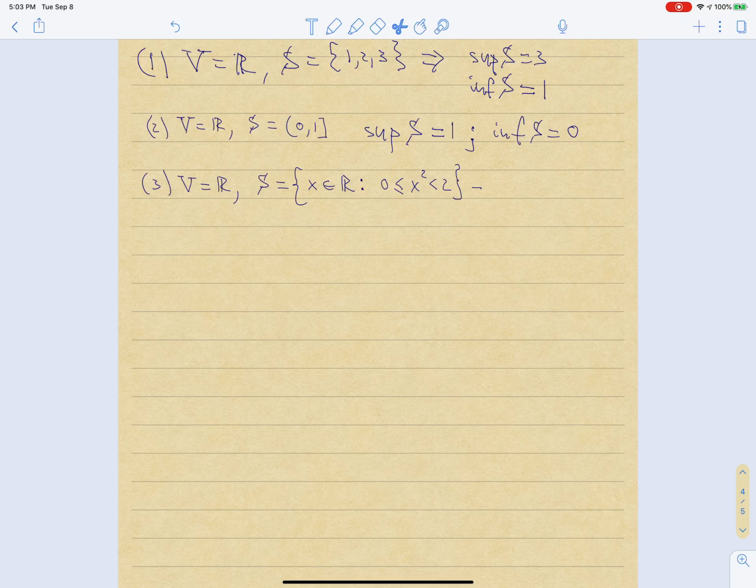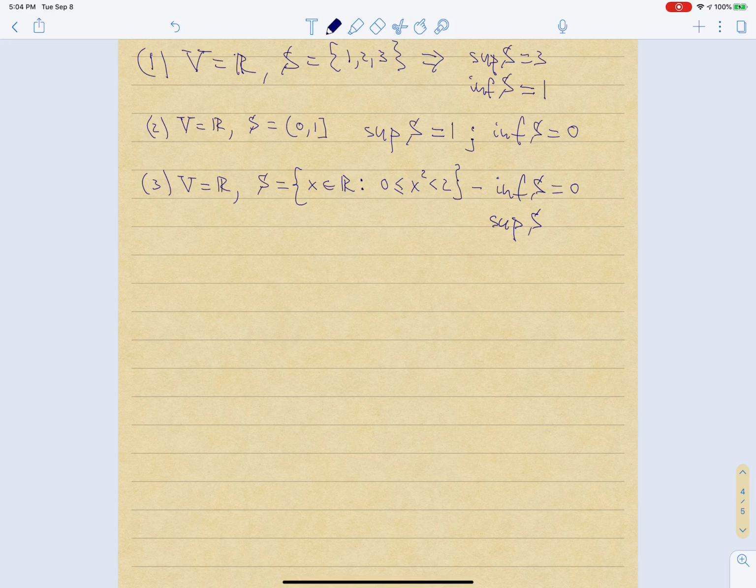Well, any number which is less than 0 is going to be a lower bound. So the largest lower bound, or infimum of S, that must be 0.